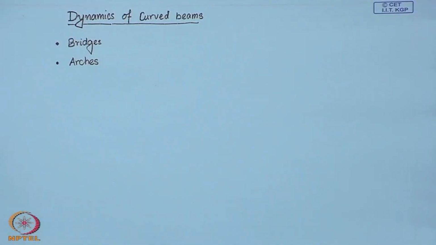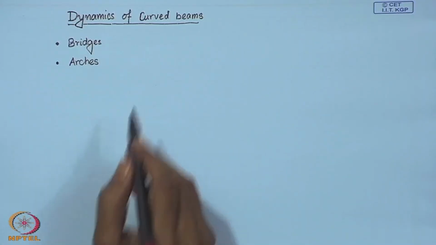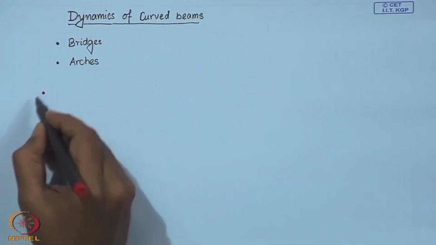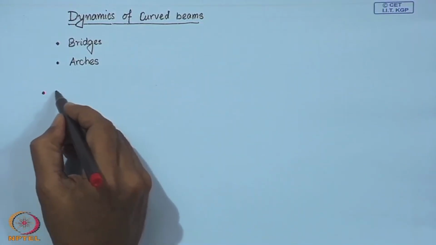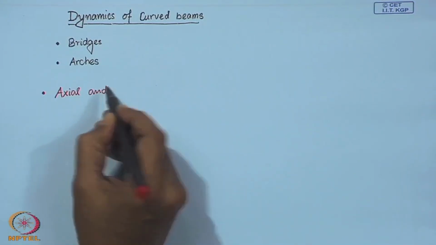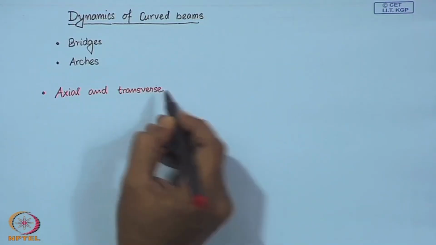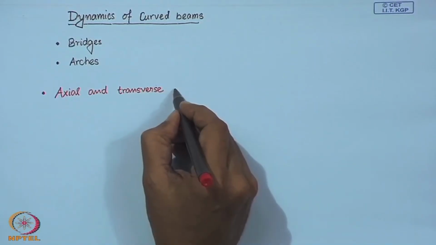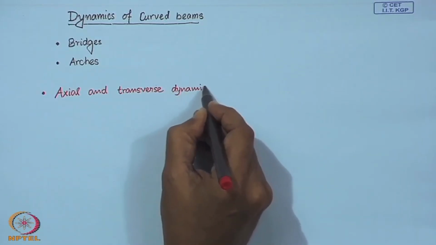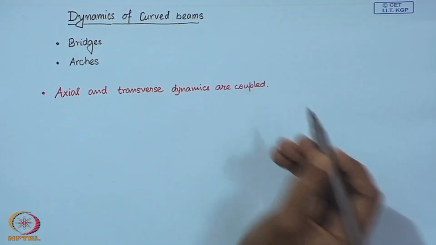Now, we looked at the dynamics of curved beams in the previous lecture, and we observed that the important aspect of the dynamics is that the axial and the transverse motions are coupled.